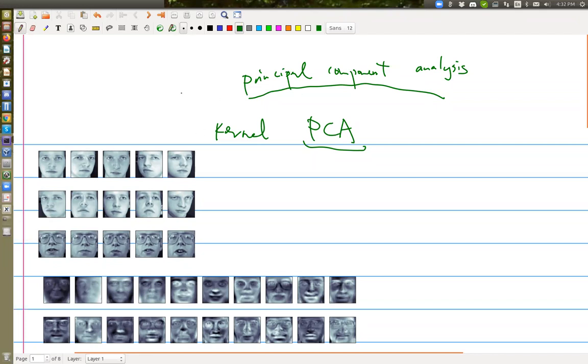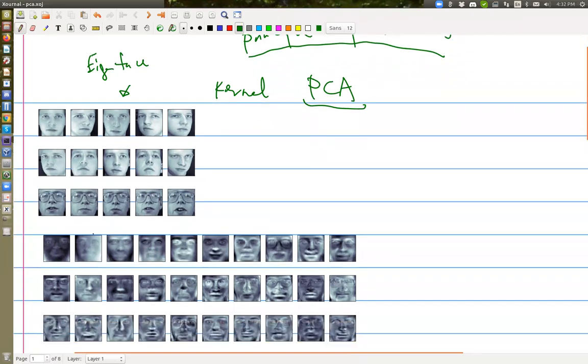Okay, this is just to motivate a little bit. I'm grabbing this from something known as Eigenface, actually a paper on Eigenface. You have faces, and then you project using PCA to get the principal components of the faces. This is showing the principal components here.